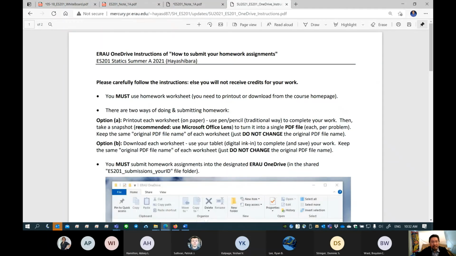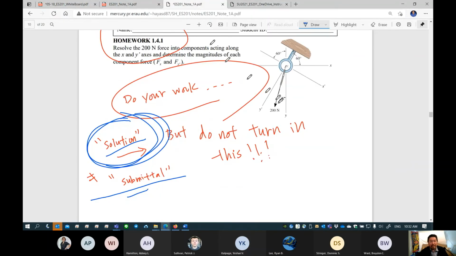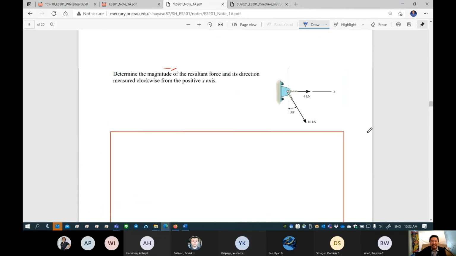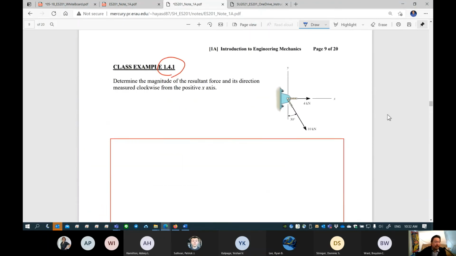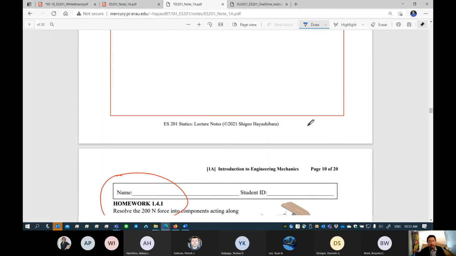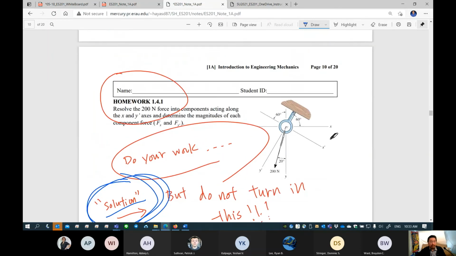Yeah, this. Okay, this is your note. I would recommend printing it out on paper and taking notes on paper. That's probably better than taking notes digitally, but it's your decision. But take very good notes.